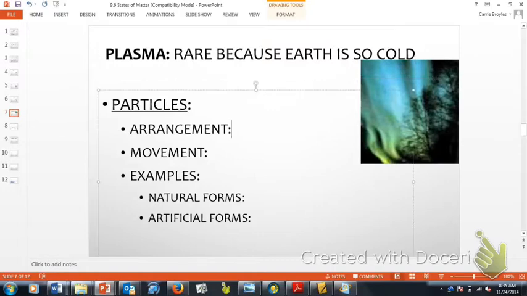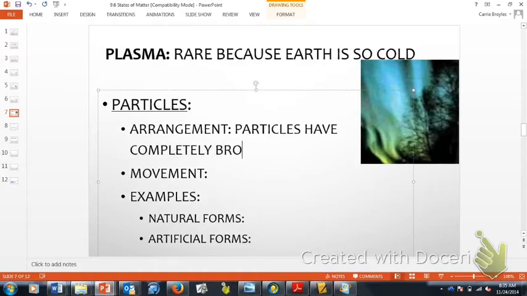So when we talk about particles and how they are arranged, in this case, the particles have completely broken apart. This gets a little bit more complex with the atom and everything, but that's exactly what has happened. The electrons and protons have separated.